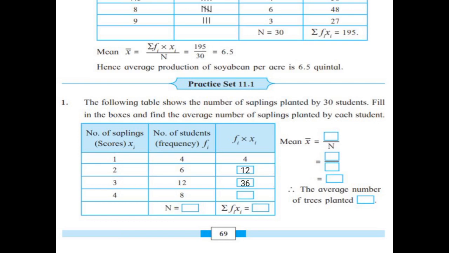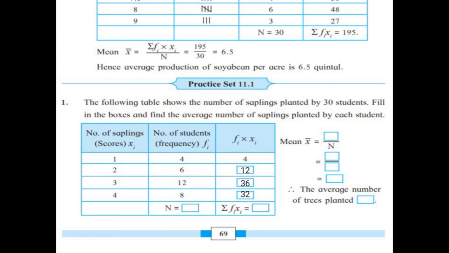Number of saplings is 4, number of students is 8. fi into xi is 8 into 4. 8 4s are 32.